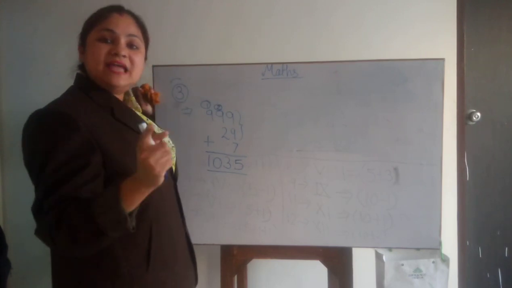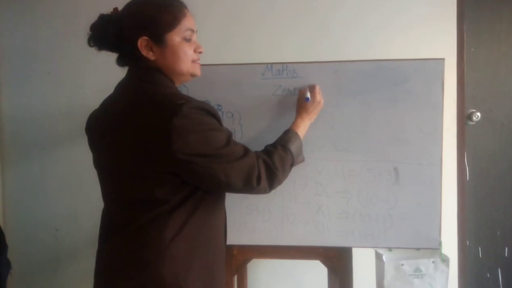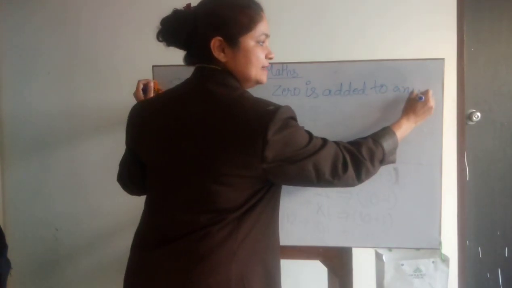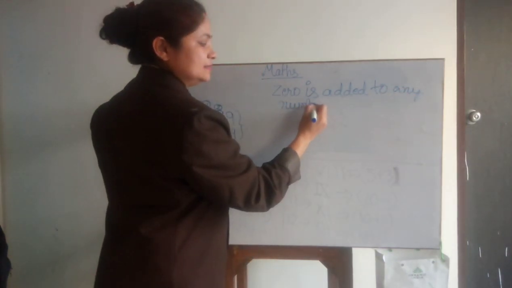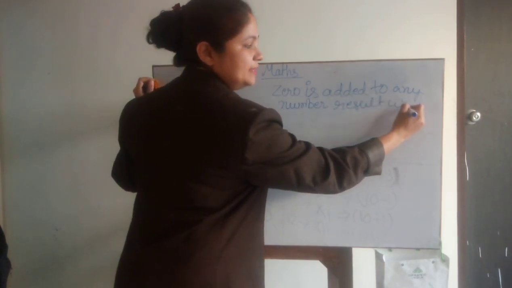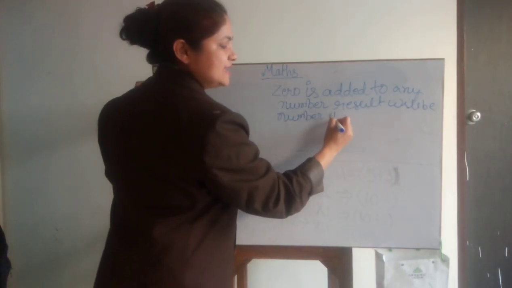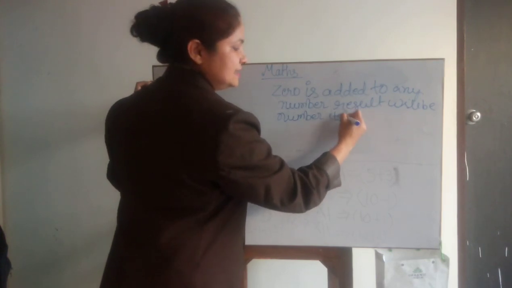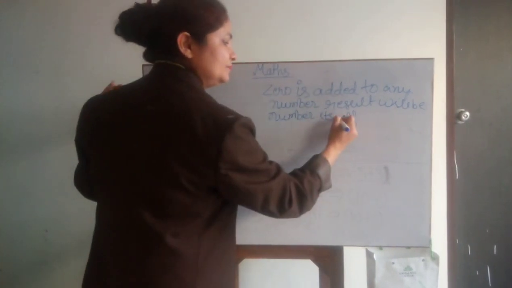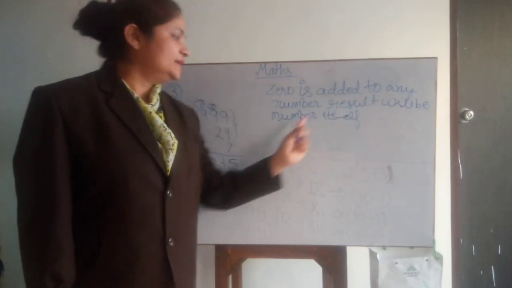If 0 is added to any number, the result will be the number itself. Okay. 0 is added to any number, so the result will be the number itself.